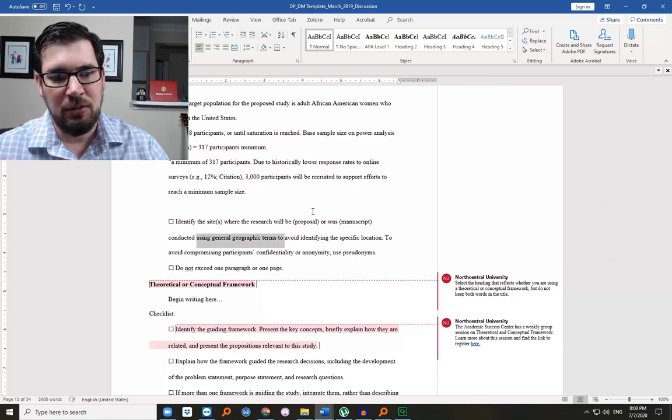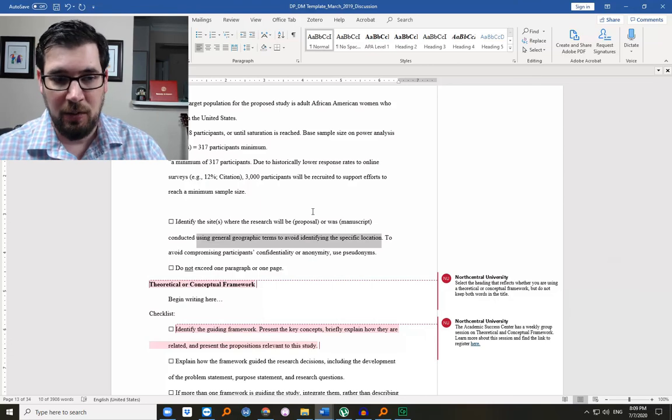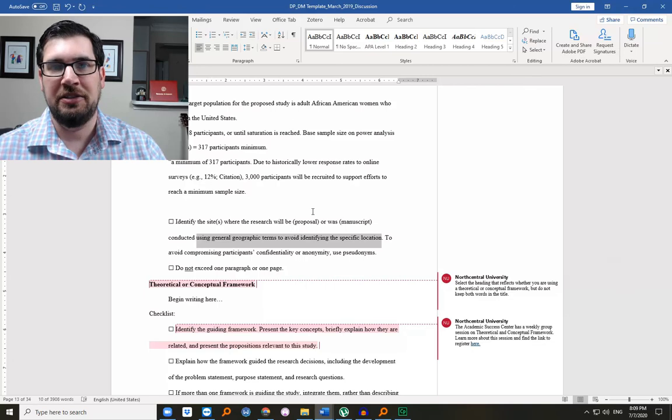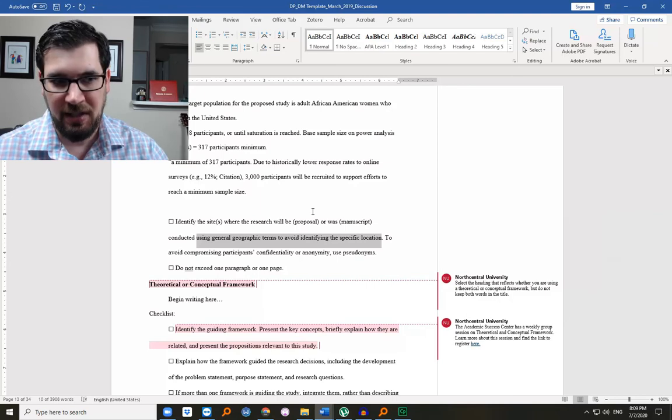I want to use general geographic terms to avoid identifying the locations. So let's say I'm interviewing professors in higher ed. Well, I don't want to say Gainesville, Florida, university professors in ethics, because you might be able to identify them.